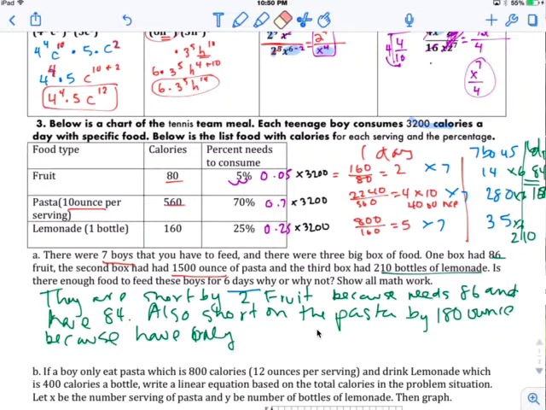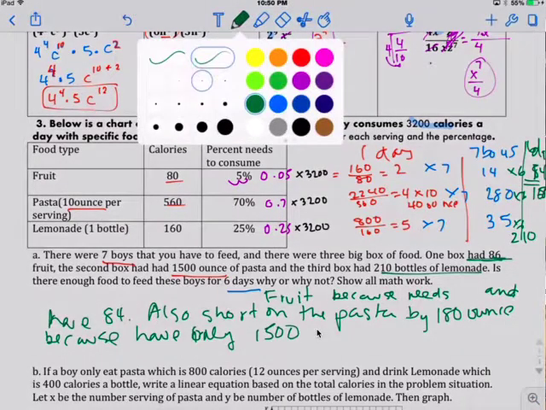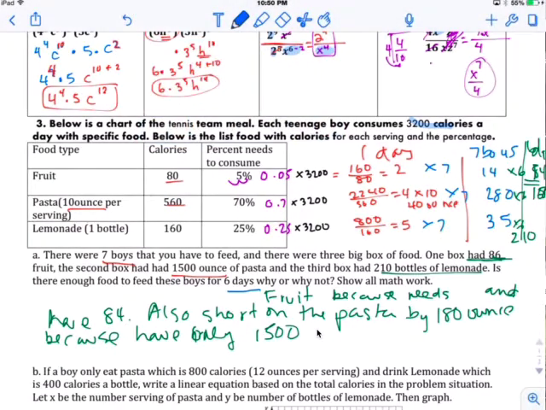I'll have only 1,500. Oh, you have enough fruit. My gosh. You have this much and only need 84. Oh my gosh. Okay. Backwards. Short. What am I thinking? Late, that's what it is.